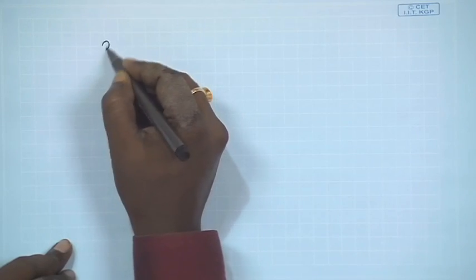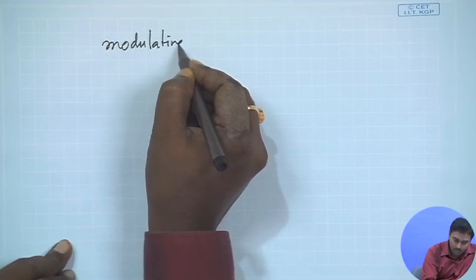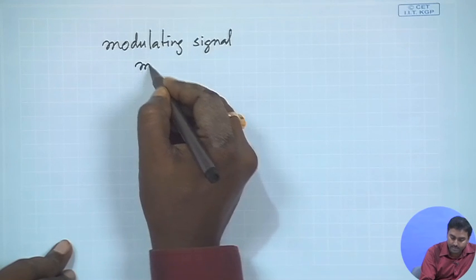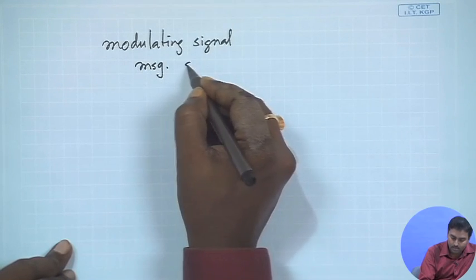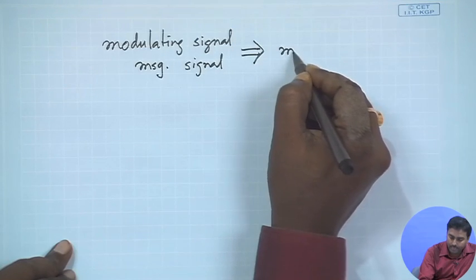So, for DSB-SC in time domain, suppose I have a modulating signal, or you can call that a message signal, which is m(t).